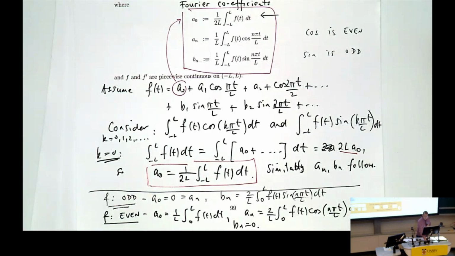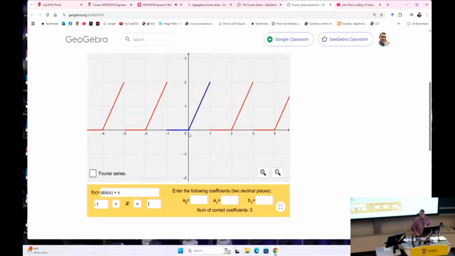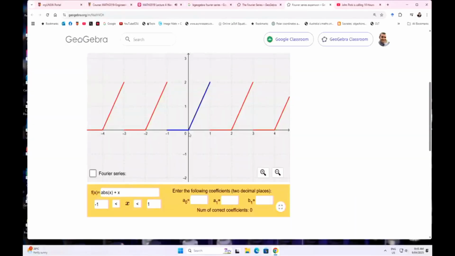So I'll put this up for everyone at home. Okay. Let's have a look at this graph now. Is the graph periodic? Yes? Can you just copy and paste and it looks the same? Yep. Is the graph odd or even?